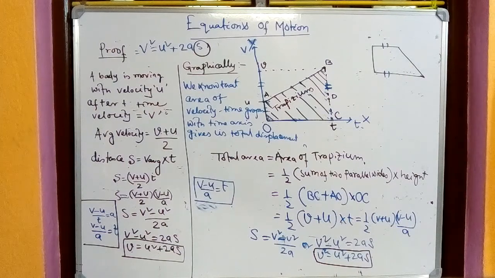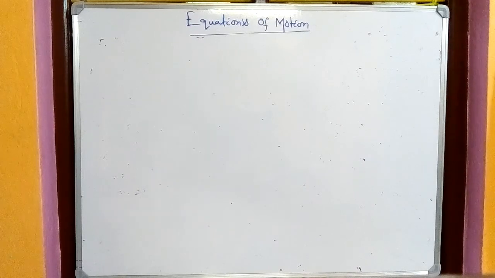Now I'll practice some numericals. So first numerical we'll discuss here. Mainly we have to do the last three numericals. I think they seem to be harder for you, so we will do those, but the rest of the numericals I suggest that you do on your own.